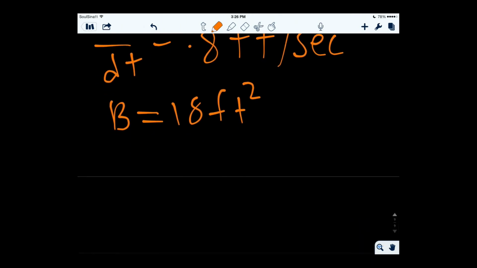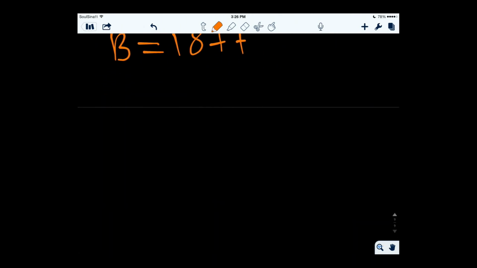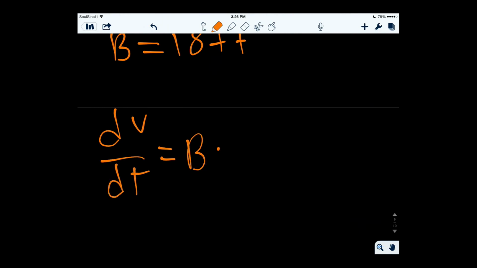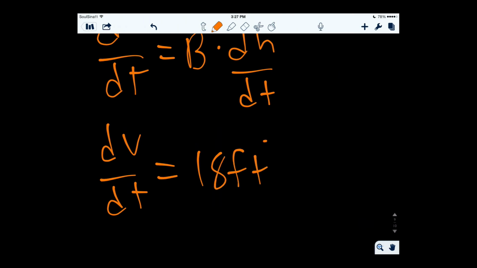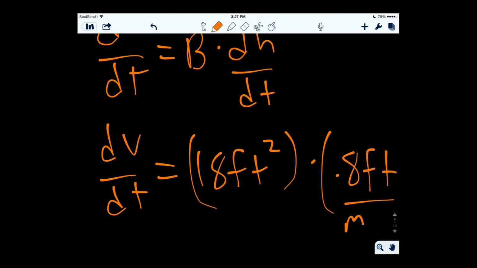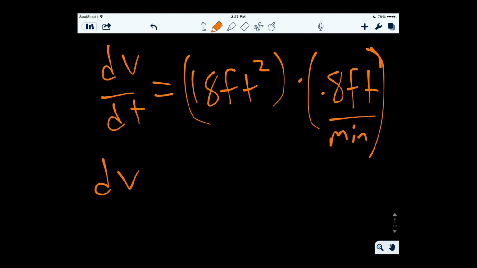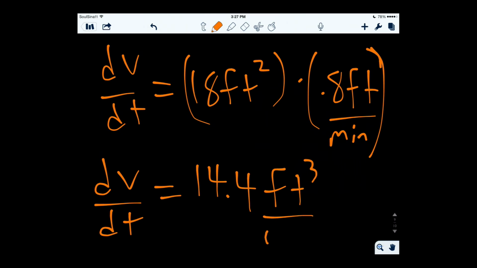Last time we were given dV/dt, this time we're given dH/dt. So dV/dt equals base times dH/dt. Now we just plug in our values: 18 feet squared times 0.8 feet per minute. You get dV/dt equals 14.4 feet cubed per minute.